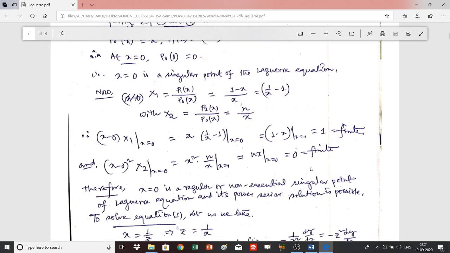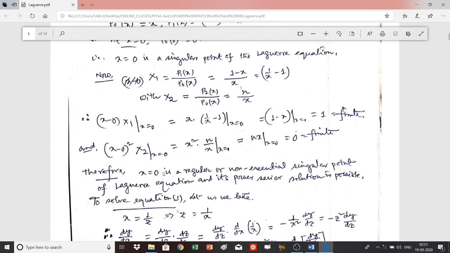Since at x equal to 0 these two values are finite, the point x equal to 0 is a non-essential singular point, and therefore the power series solution of the Laguerre differential equation is possible.